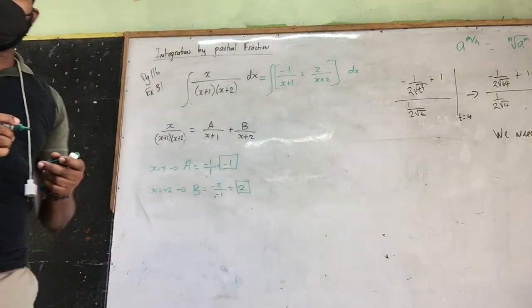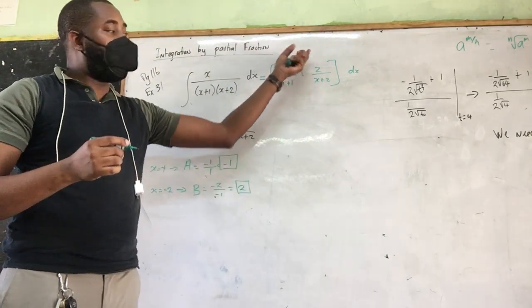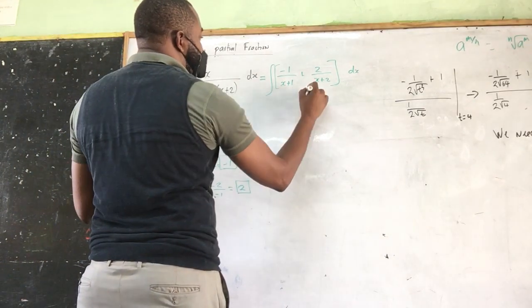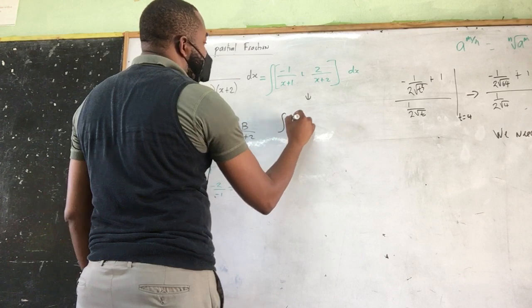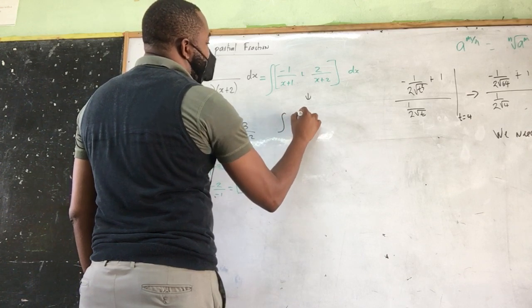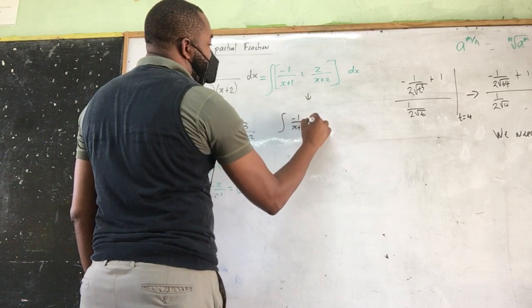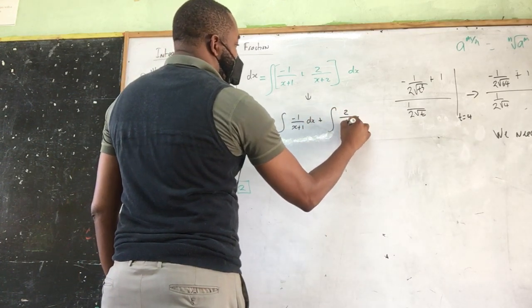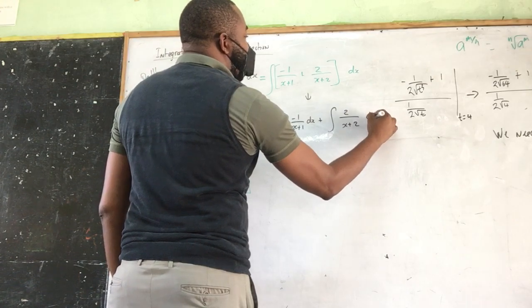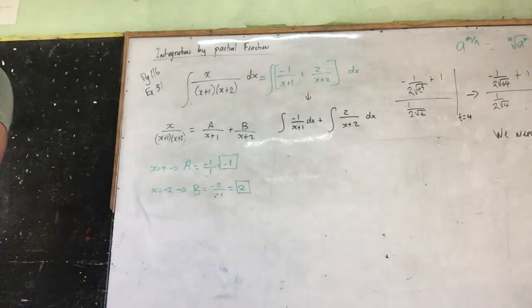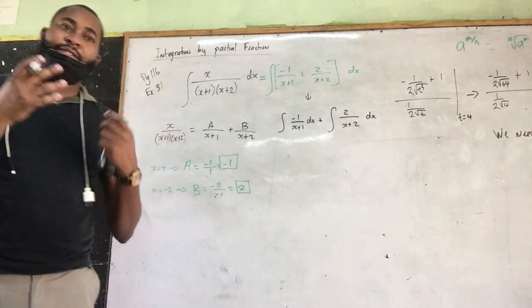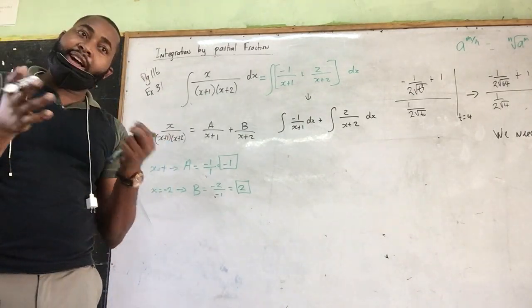So what we can do here is take the integral of these respective sums individually. So this becomes the integral of -1 over x plus 1 dx plus the integral of 2 over x plus 2 dx. Now remember, anytime the numerator can be expressed as the derivative of the denominator, it becomes a natural log.